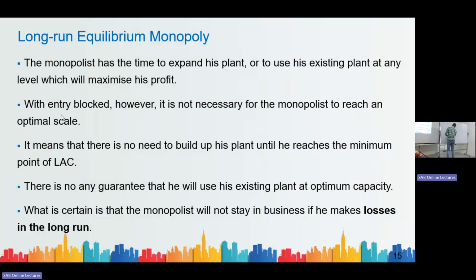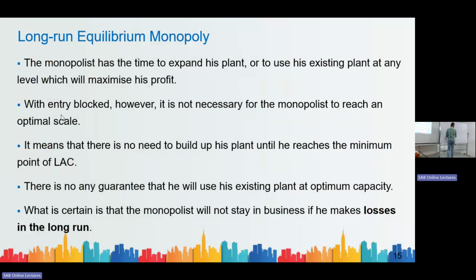The previous discussion was on the short run. Now I'm going to explain the long run concept of profit maximization. This is long run average cost. This is long run marginal cost.